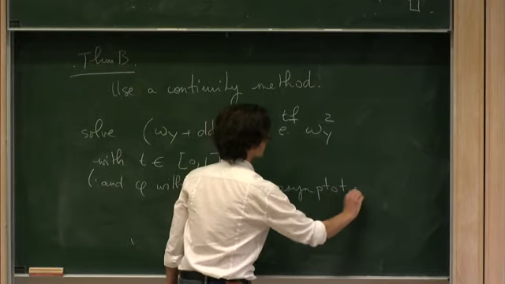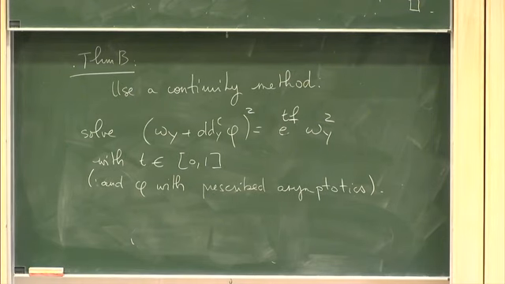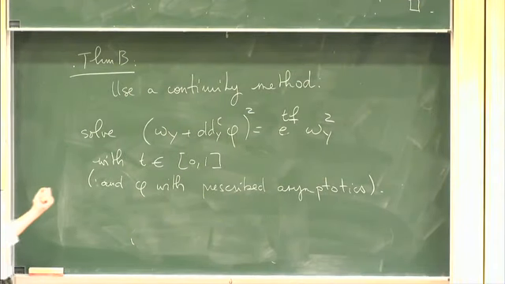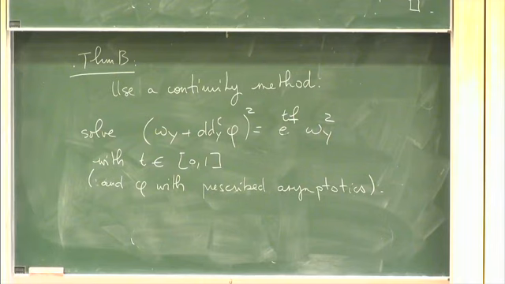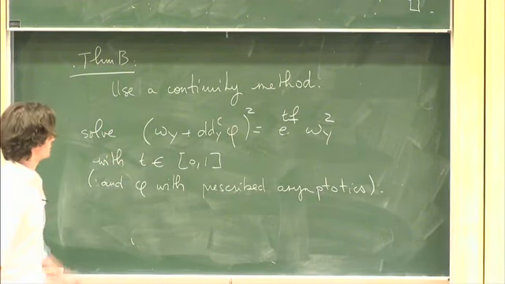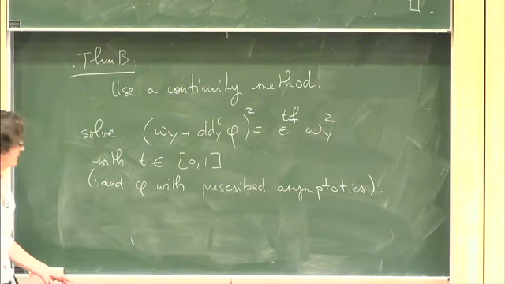What motivates this idea is that when you linearize the problem at t equal to 0, you essentially have to invert a scalar Laplacian, which is usually a bit easier than directly trying to solve such an equation. And this observation at the level of the linearized operator remains valid for any fixed t, actually.